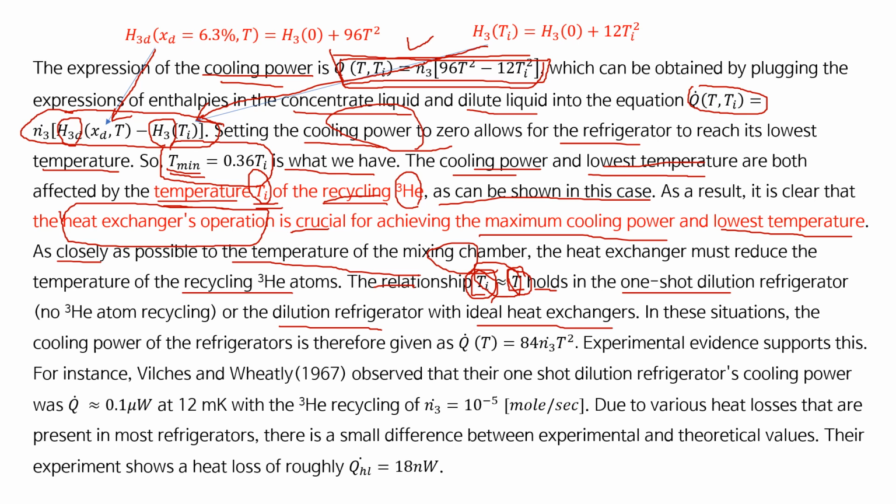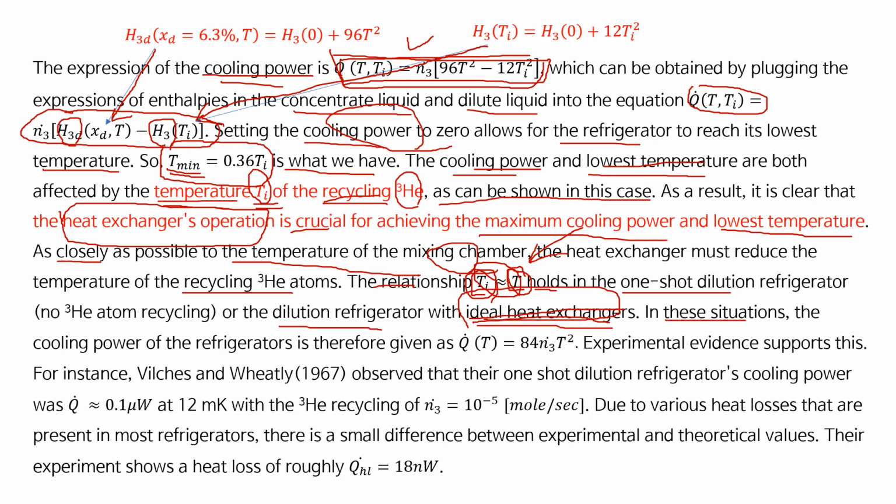So this equation means that the temperature of the recycling helium-3 is reduced to the temperature of the mixing chamber due to the operation of the heat exchangers. So that is ideal heat exchangers.